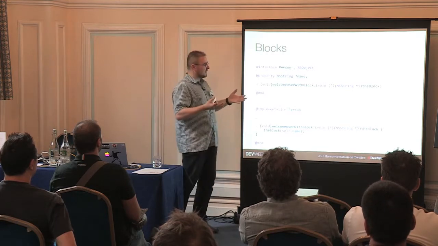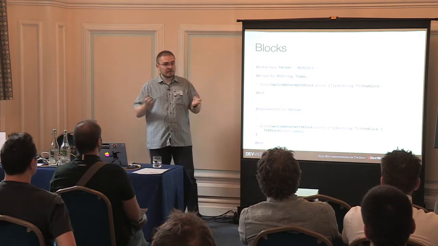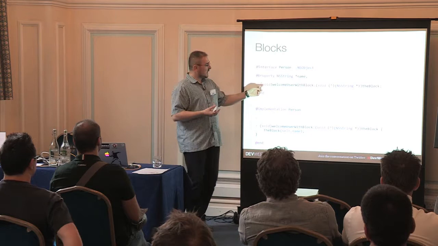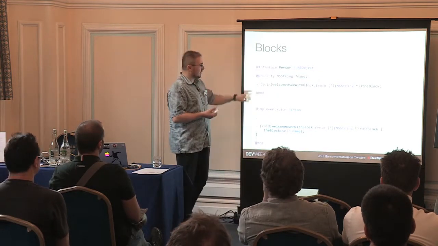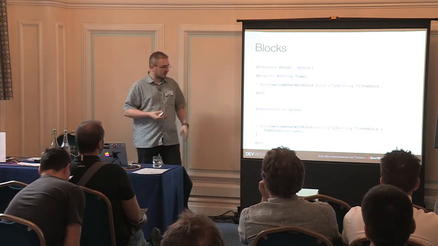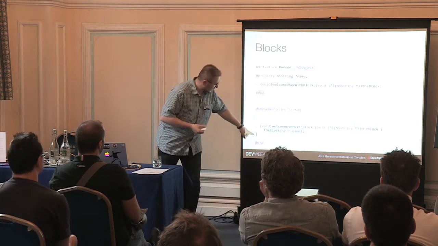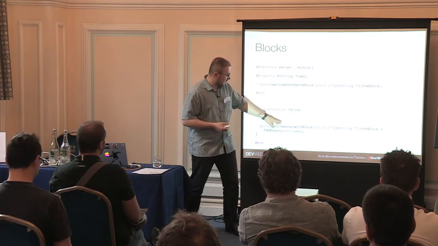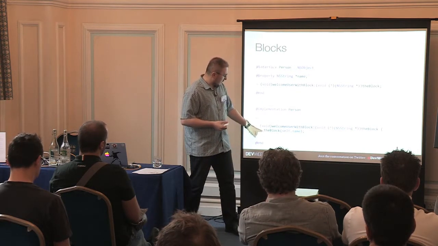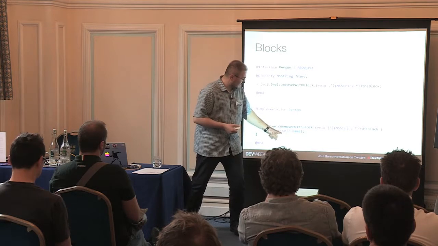Blocks can actually be passed in as parameters for other methods, right? So in this case, this method is welcome user with block. You pass a block that's going to be called when you call that method, whatever you want to do. In the implementation, I'm saying welcome user with block, and you call the block and pass something to that block.